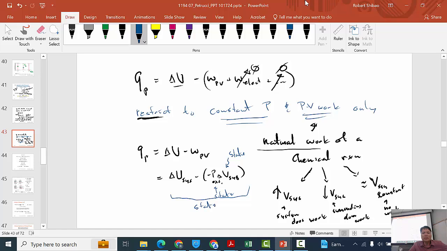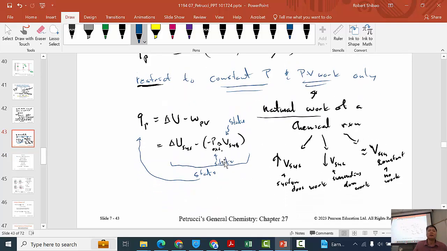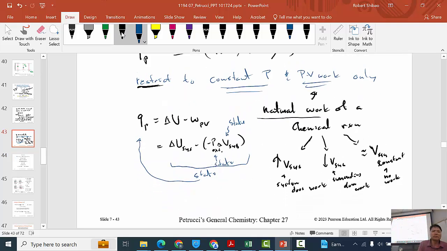And so what that does is it makes QP, which is not normally a state function, into a state function. So we'll define QP differently in this case. Now that this is a state function, we're going to call QP a new state function. QP is going to be defined as delta H.